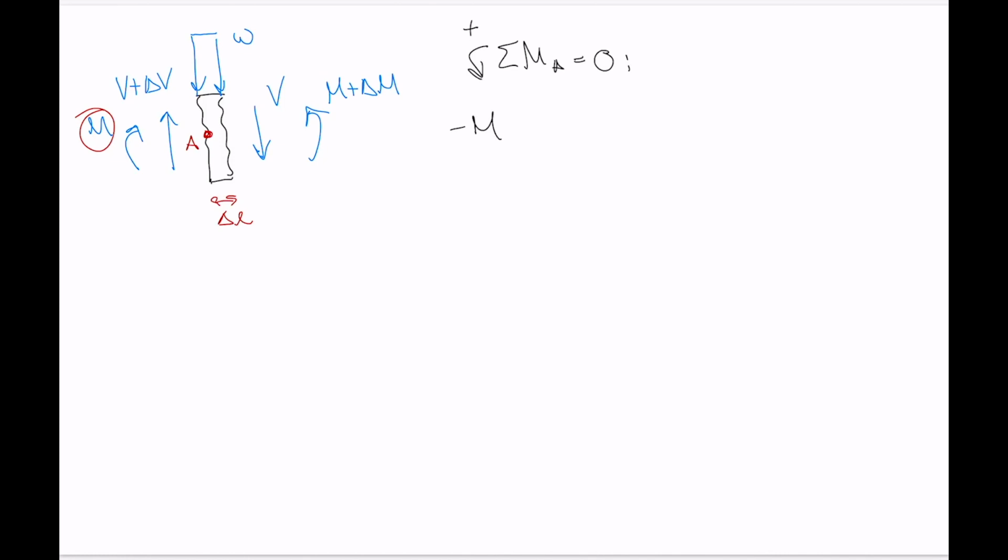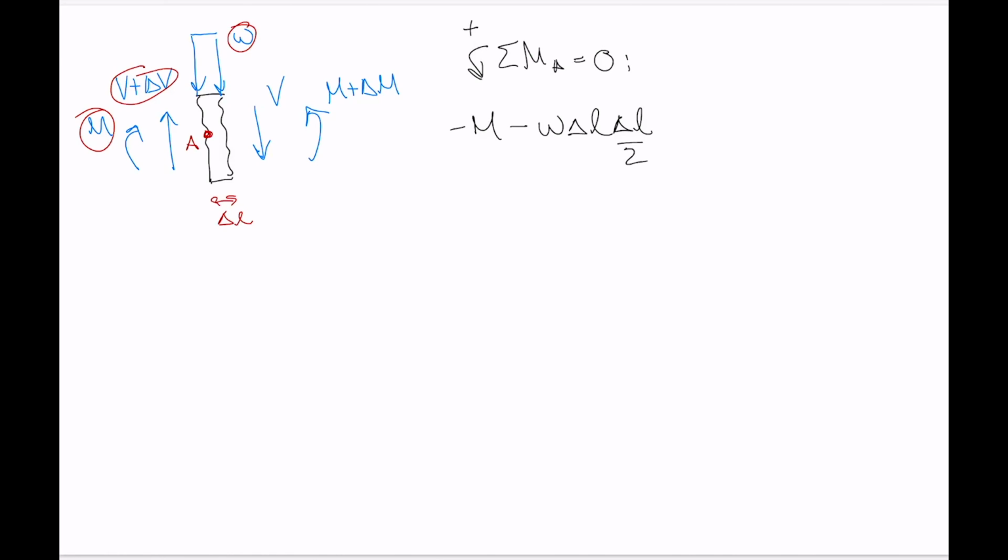And then our internal shear force on the left-hand side passes right through point A, so it doesn't contribute a moment. And then we've got our little bit of distributed load, so the resultant from that is going to be acting in the negative direction as well. So we've got negative, and then the resultant is w multiplied by delta L. The moment arm away from point A is delta L divided by 2.